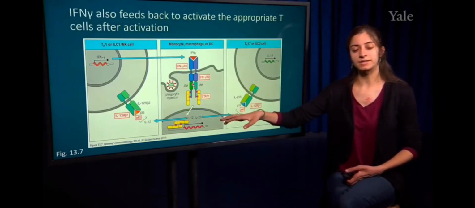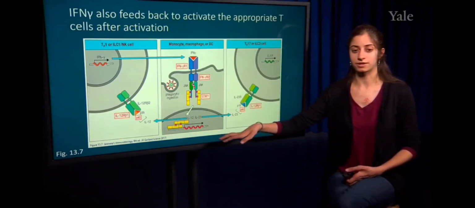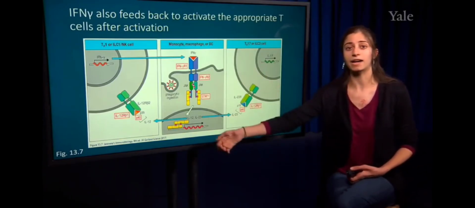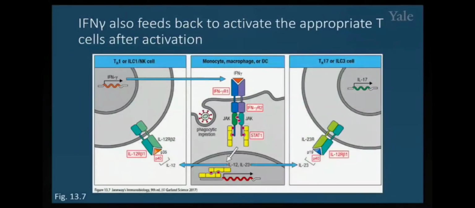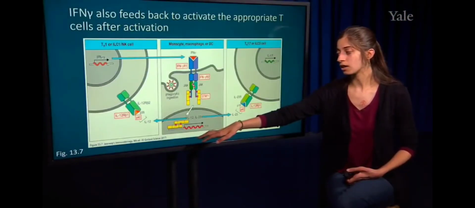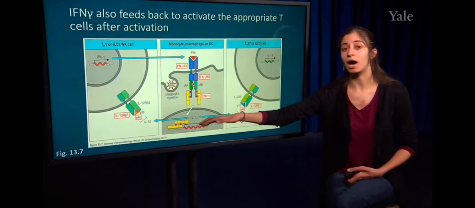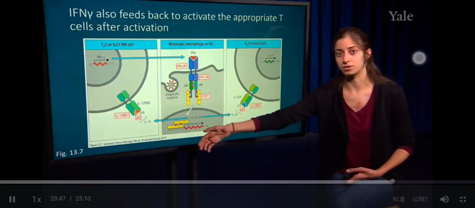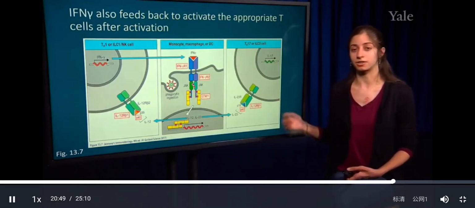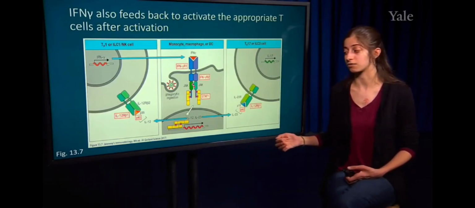Interferon gamma, once it activates macrophages or dendritic cells, can actually also feed back on the producer cell itself. This means that interferon gamma, after having signaled through the interferon gamma receptor on APCs like macrophages and dendritic cells, can then drive the transcription and expression of different cytokines that then become helpful for the initial cell that produced it, or for other cells that are necessary to respond to the specific infection.